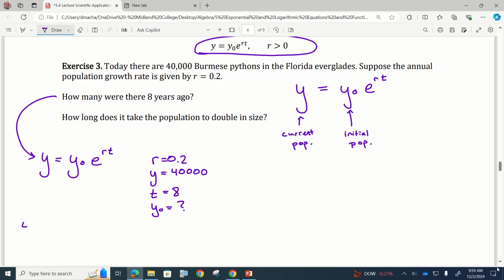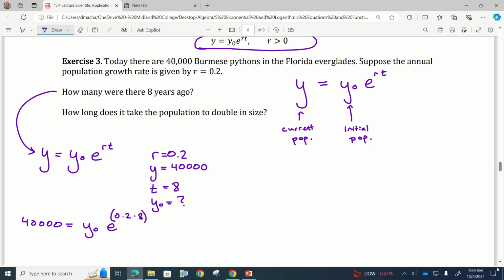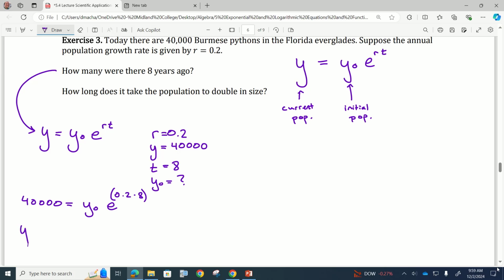So I write 40,000 equals my initial population that I'm trying to find times e to the power 0.2 times 8. So in my calculator, I could type in 40,000 divided by e raised to the power, open parentheses, and then 0.2 times 8.